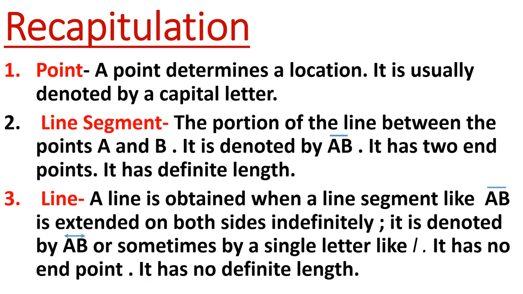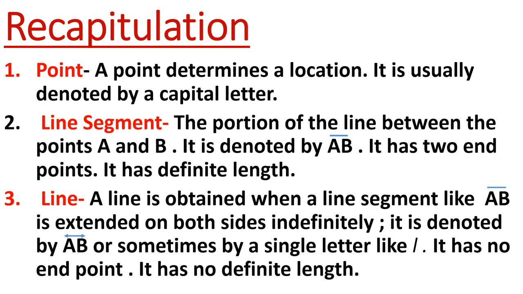It is denoted by AB with a line above it and arrows on both sides. Arrows mean that we can extend it from both the sides. Or sometimes we can denote a line by a single small letter like l.